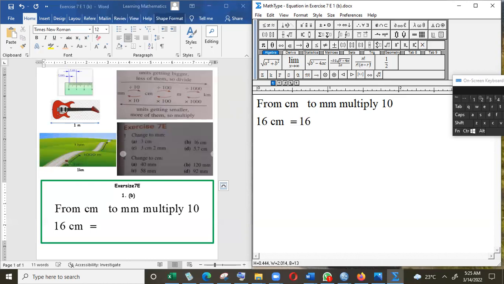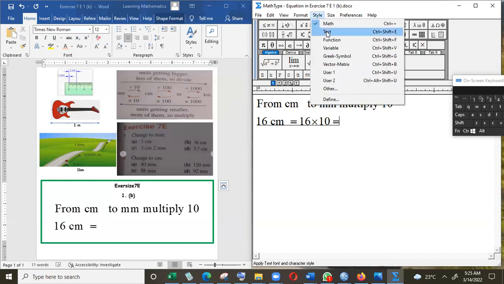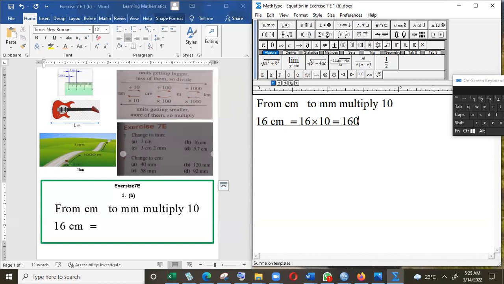So that would be 16 multiplied by 10, which is equal to 160 millimeters, right? Because we're going from bigger to smaller. Once you get smaller, you multiply. So from centimeters to millimeters, multiply by 10: 16 centimeters is 160 millimeters.